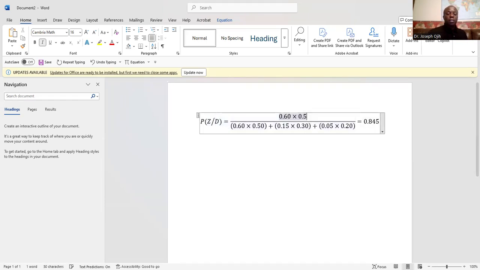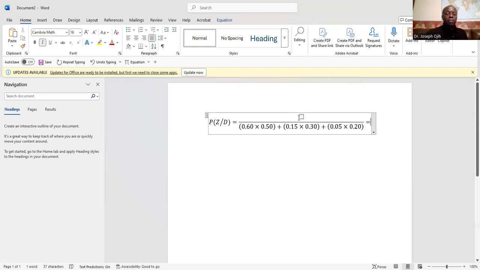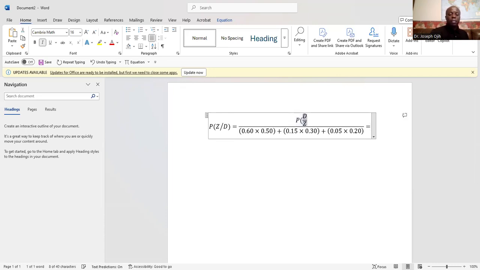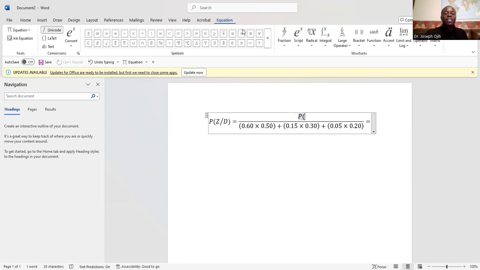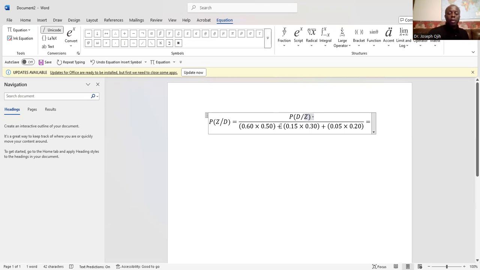So the numerator is the probability of defective, given factory Z, times the probability of factory Z.